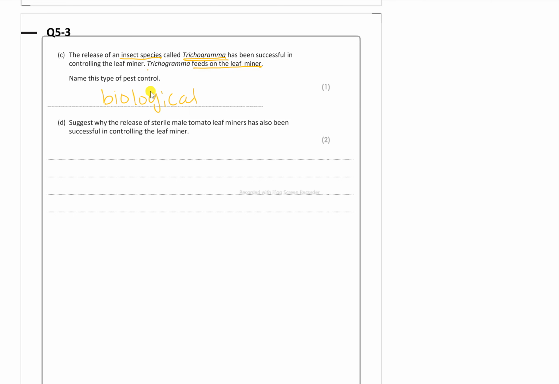Right, it's biological. Remember we said bio means life. Abiotic means no life. Suggest why the release of sterile male tomato leaf miner has also been successful in controlling the leaf miner.